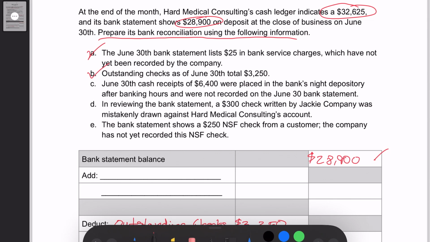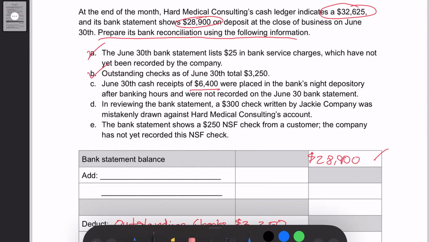So again, June 30th, cash receipts of $6,400 were placed in the bank's night depository after banking hours and were not recorded on the June 30th bank statement. So what happened here? We as the company dropped off those checks from customers to deposit them into our bank account. We recorded that on our books, so that information is reflected in our bookkeeping system.